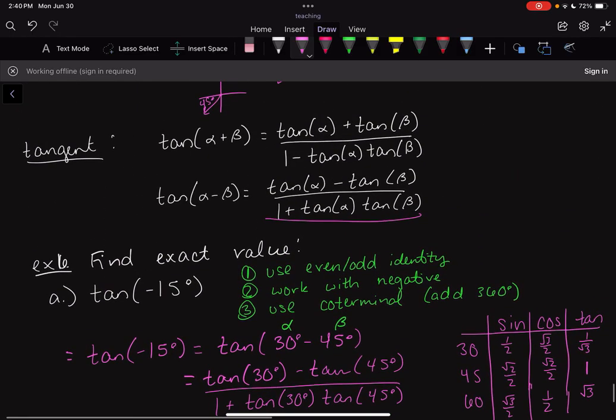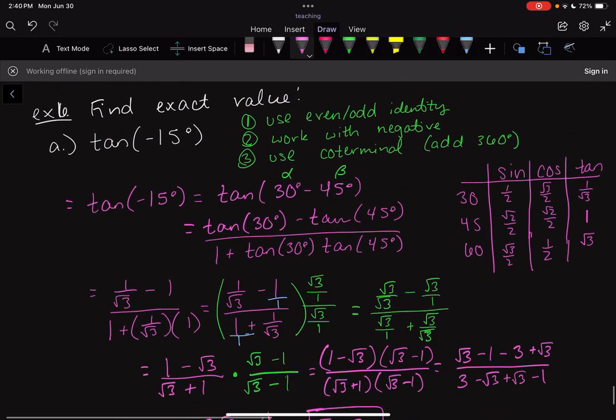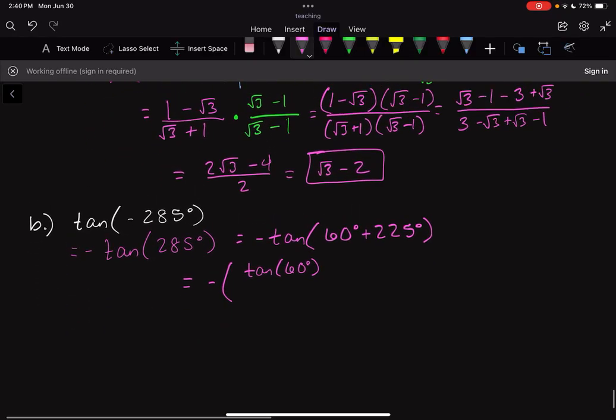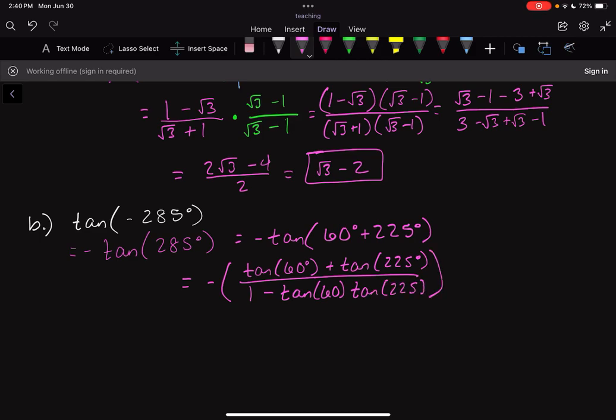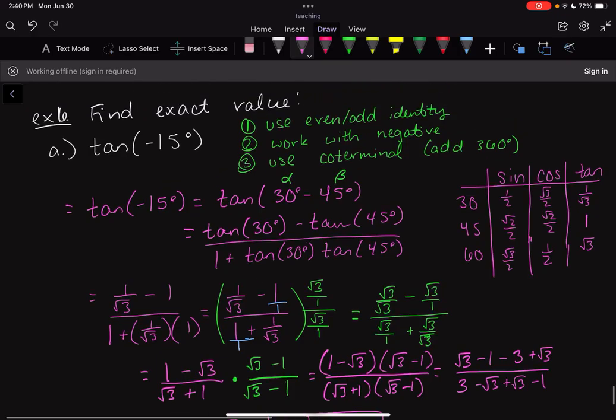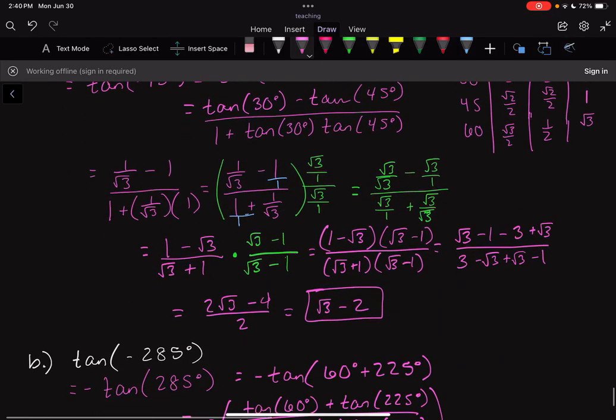This one's the addition one, so it'll be this one. Plus tangent 225 divided by 1 minus tangent 60 times tangent 225. Let me make sure I wrote that in correctly with the identity. Yes, okay.